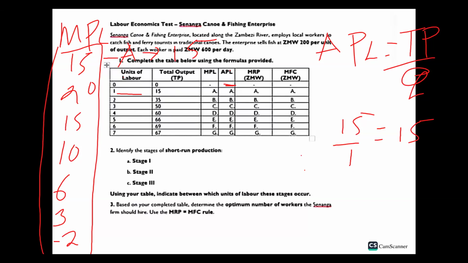You're following, right? Then you go to the second one, you say 35 divided by 2. This will be B, and that will be 17.5.